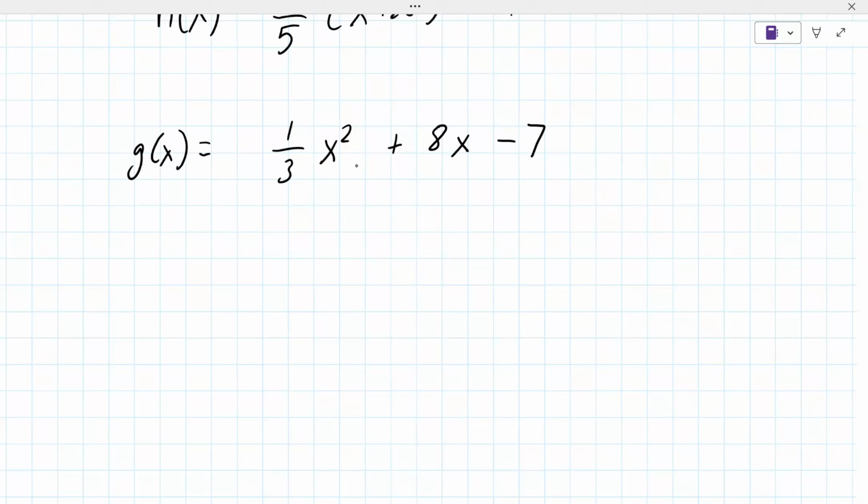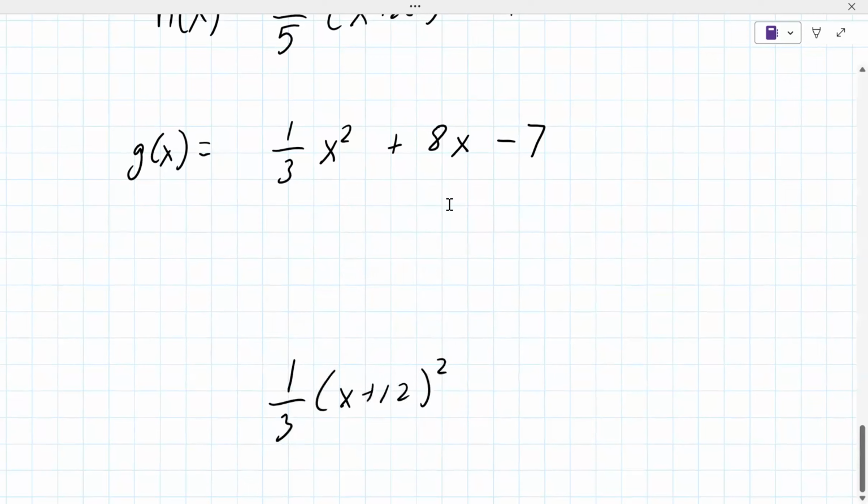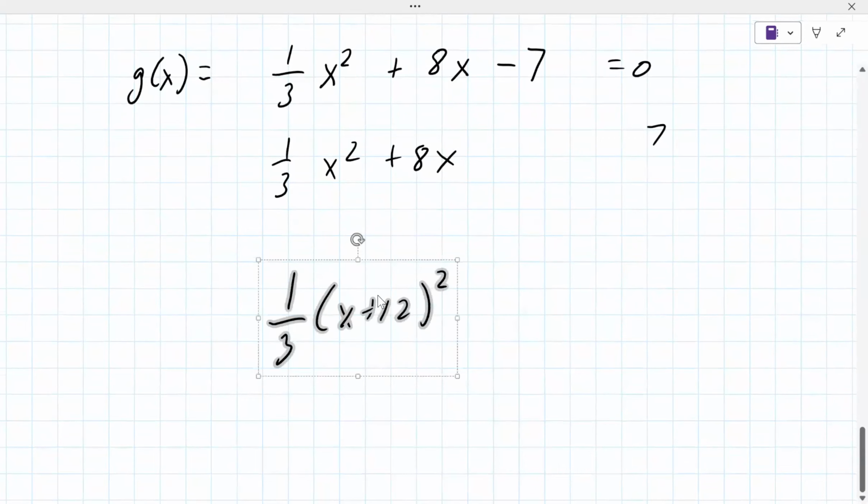All right, I got 1/3 times, in parentheses, x plus 12 squared, minus 11. Okay, I don't know about that last number there. Wait, no, let me see here. So we have 1/3 x squared plus 8x, and then, whoa, I haven't done that in a while.